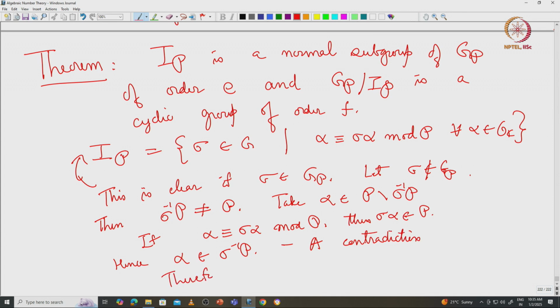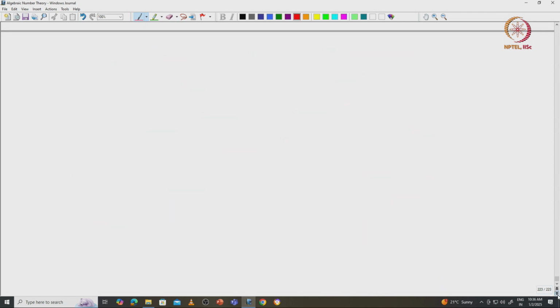Therefore, alpha is not congruent to sigma alpha mod P, and that is what we wanted to prove, that it is not in I P, it does not satisfy this property. All right. So, what have we done? Let me draw a diagram again.